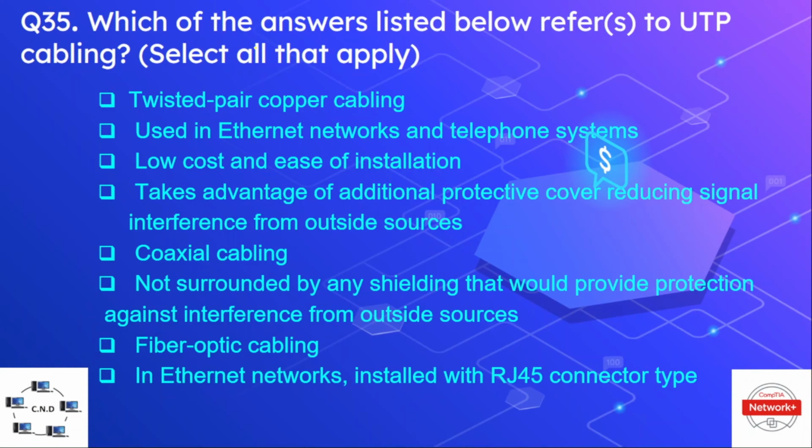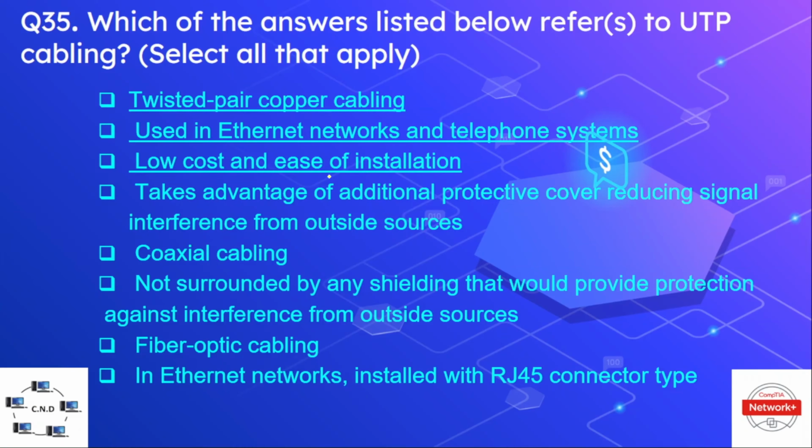Question number 35 is: which of the answers listed below refer to UTP cabling, that is unshielded twisted pair? Select all the correct options. Let's go straight to the correct options. UTP is twisted pair copper cabling, and it is used in Ethernet networks and telephone systems.